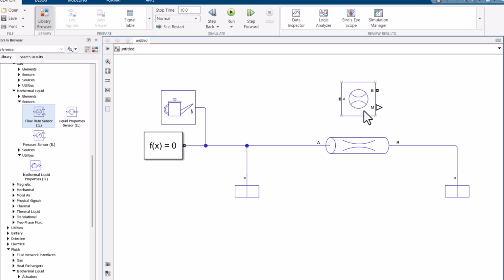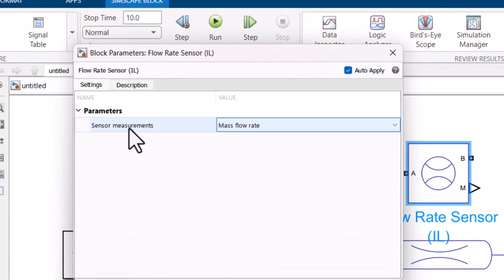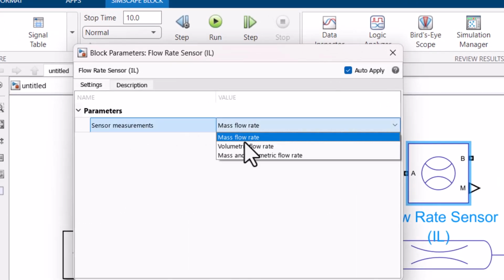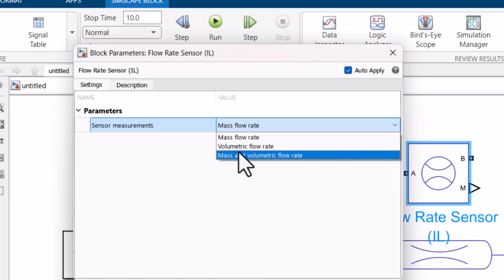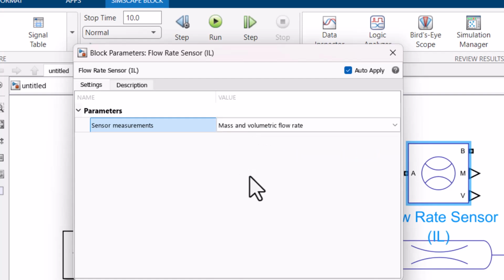and before I connect it to my system, I want to double click on it, and you see I have two options here, basically three options. I have to choose between the mass flow rate or the volumetric flow rate, or both of them. I'm going to go for both of them, and you see the ports have changed. I have a mass flow rate physical signal port and a volumetric flow rate physical signal port.